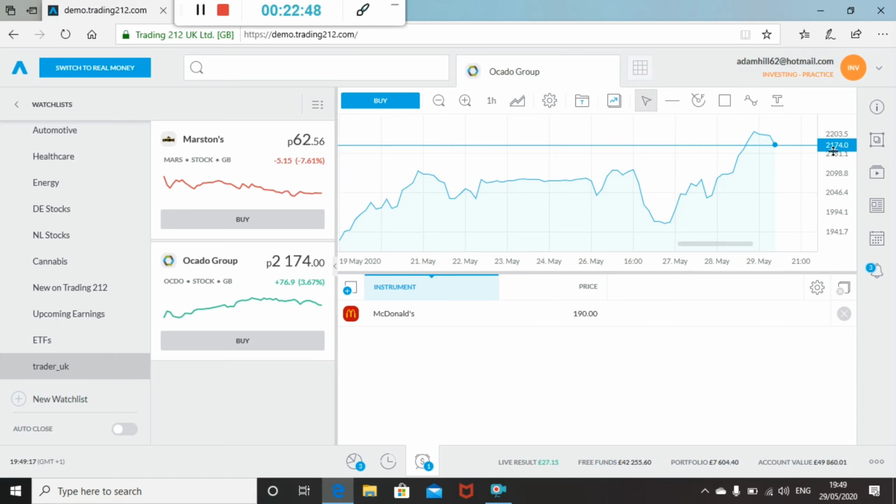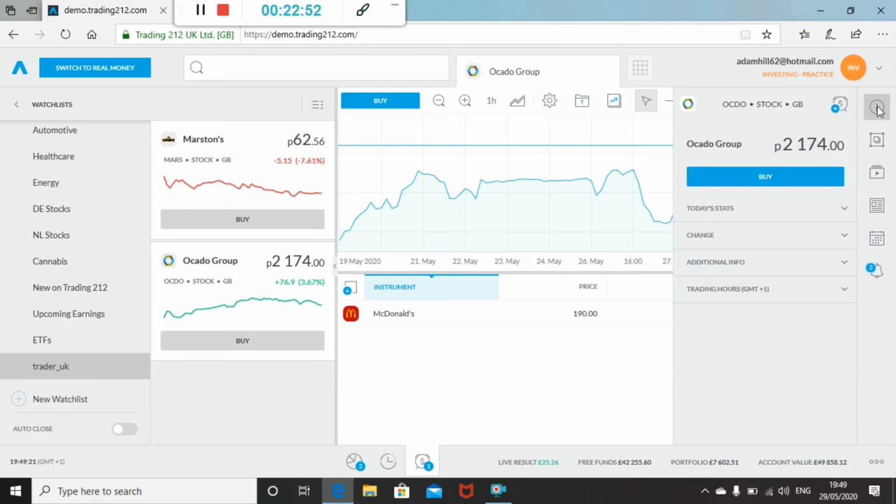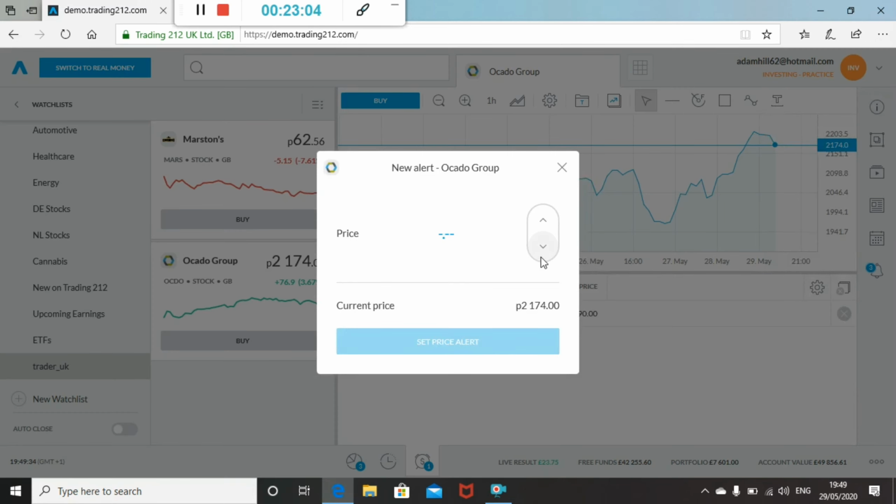Then moving to the right hand side, if you click on the I, Instrument Details, it will give you a number of useful features. First of all, the top right, you can set a price alert. So if you're interested in purchasing stock in Ocado Group, you can click here, set the price you want to be informed about.